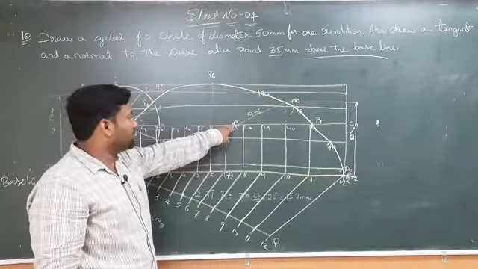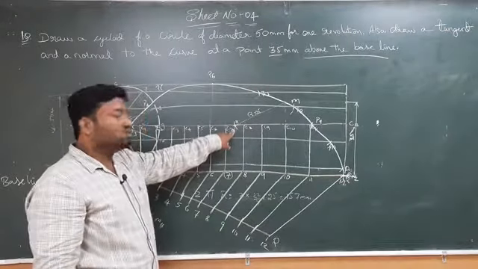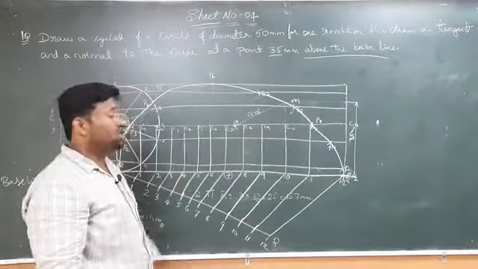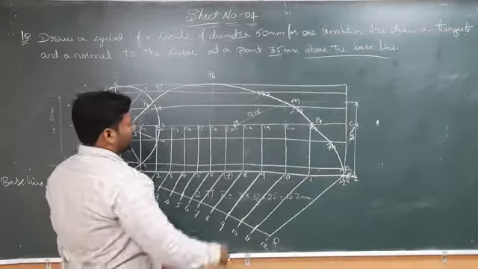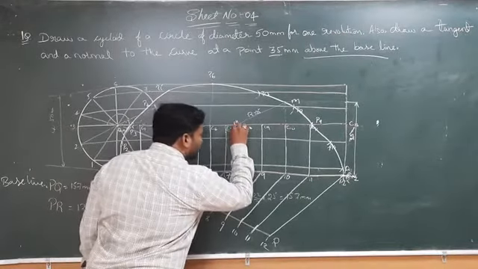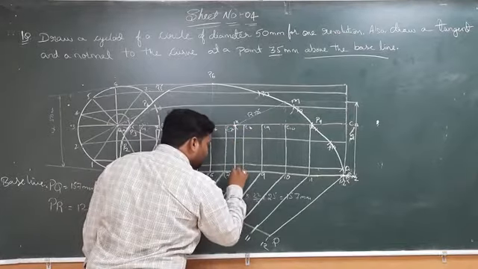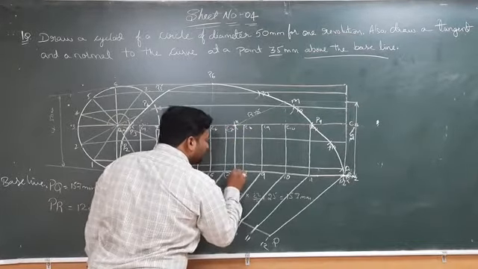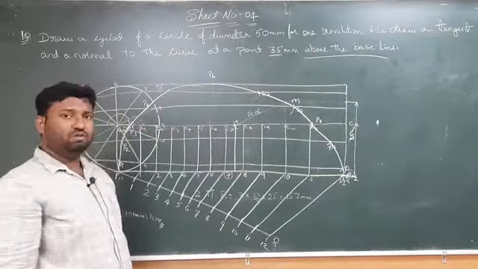This is neither the starting point of the tangent nor the normal. Just this is the point which we are cutting on the center line to get the normal point. So to get the normal, we have to draw a straight line, a perpendicular line to the baseline. We have to join to the baseline.